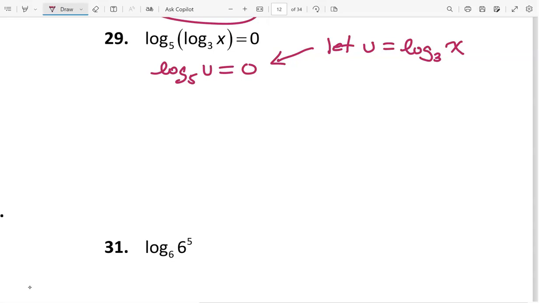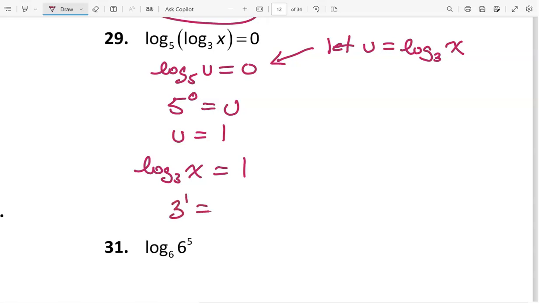So we just replace the inside function with u and then solve for u. My base is 5 and my exponent is 0, and that must equal u. So it looks like u is 1, and let's remember what u was. u is the log base 3 of x, so now the log base 3 of x is equal to 1. Let's put that in exponential form. The base is 3, the exponent is 1, and that equals x. So that means that x must be 3.